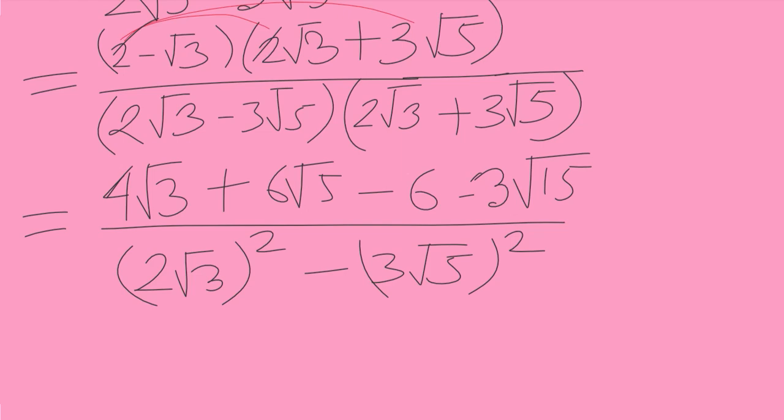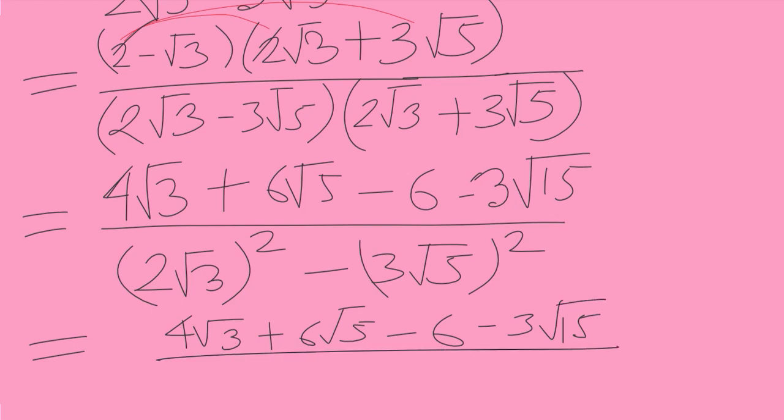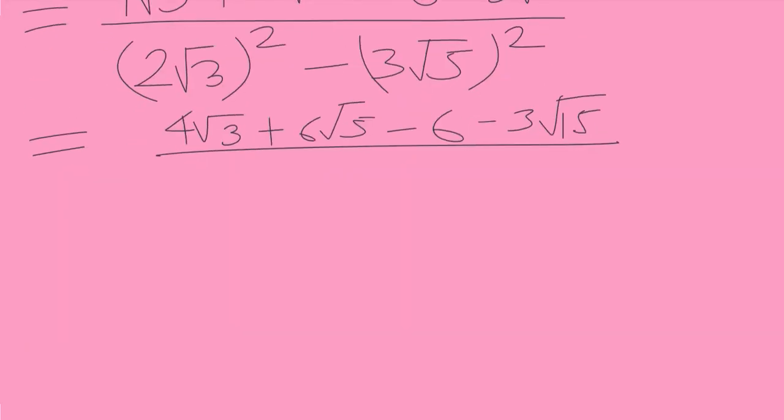Nothing else can be done with the numerator, but in the denominator things become simpler. So we write 4 root 3, the numerator as it is, right? And then we go for the denominator. 2 root 3 whole square is equal to 2 square and root 3 square, right?